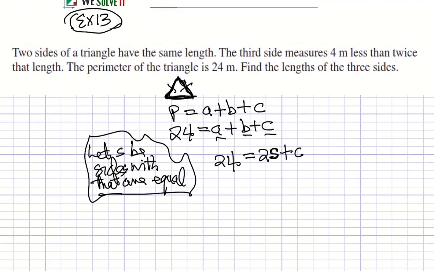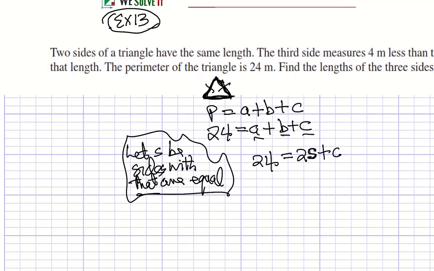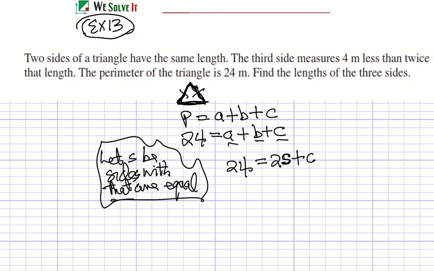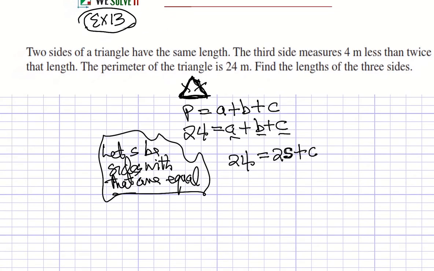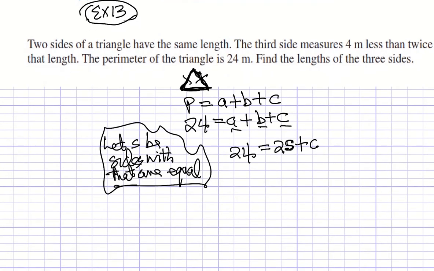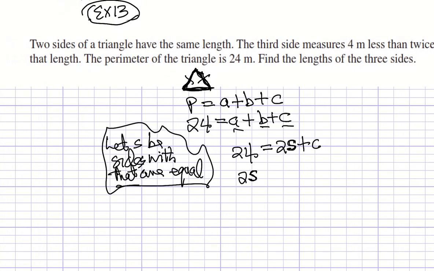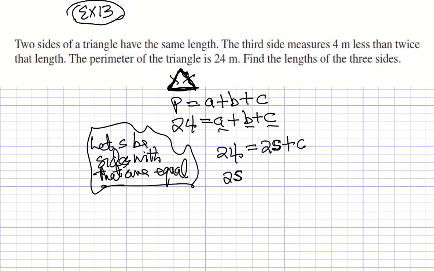Then he said the third side measures 4 meters less than twice that length, the length that are equal. So twice s, and the third side measures 4 less than twice, that's minus 4.